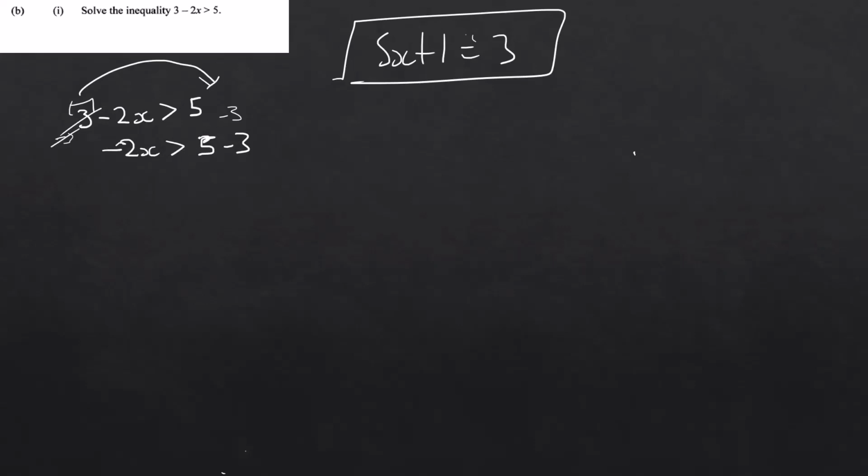Okay, we can actually solve this. 5 minus 3 is 2. Good, so we finished. Now let's carry over the -2x, the -2. So carrying that over, it's multiplying over here, it becomes 2 divided by -2, right? 2 divided by -2.